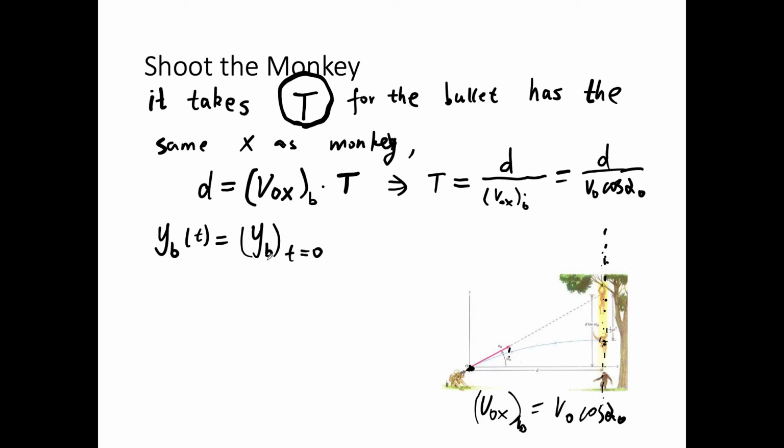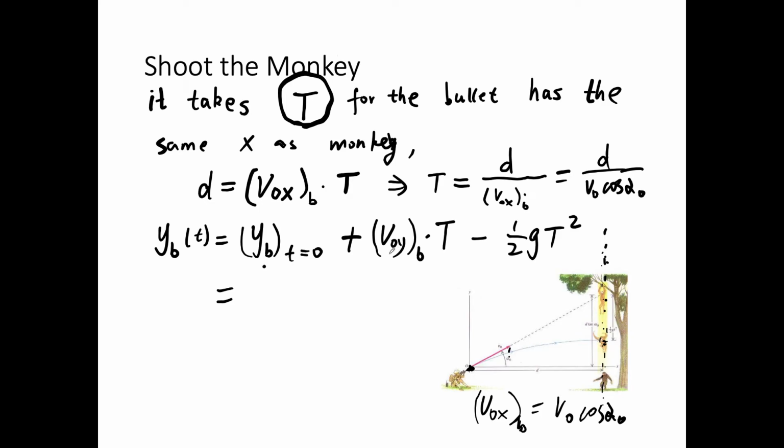So this term is just 0. Plus the initial velocity of the bullet in the y direction times this t, and subtract 1/2 g t squared. This is the y position of the bullet. And as already discussed, the first term is 0.